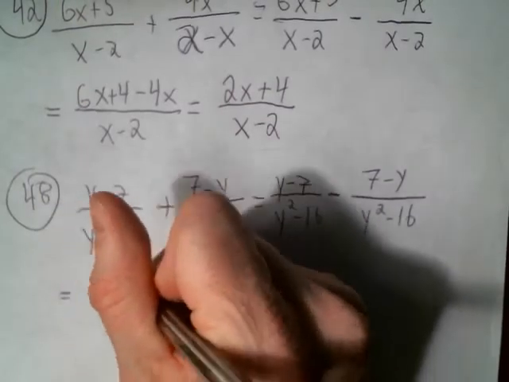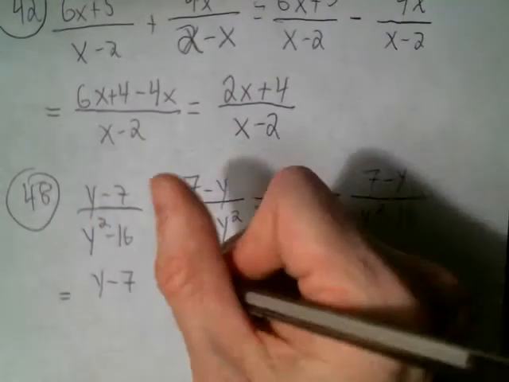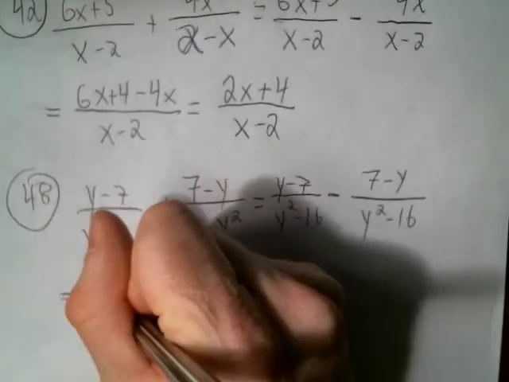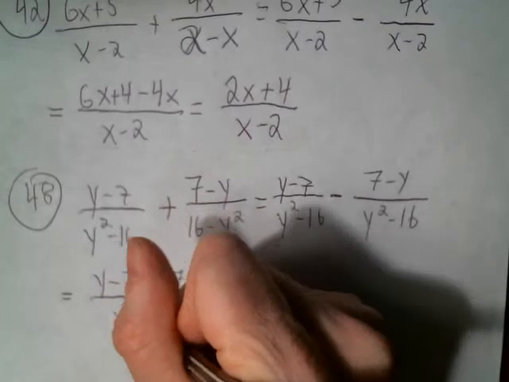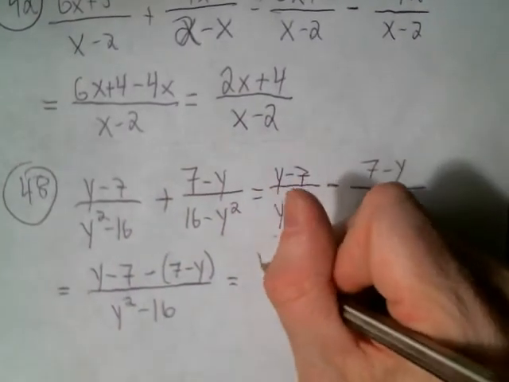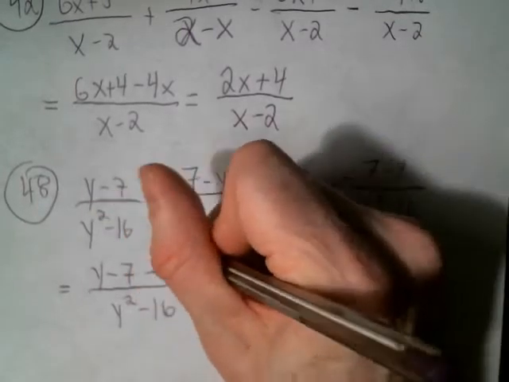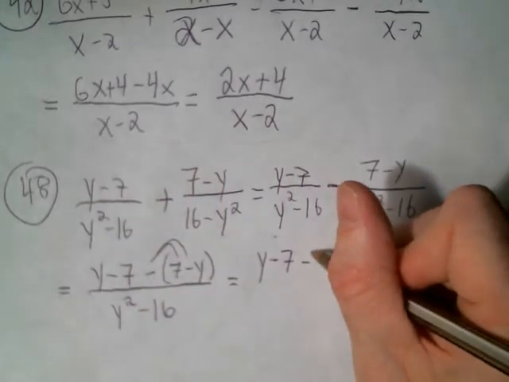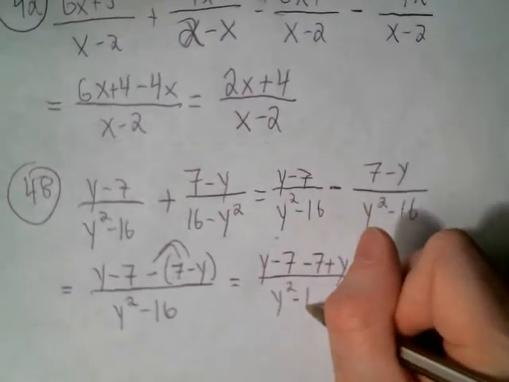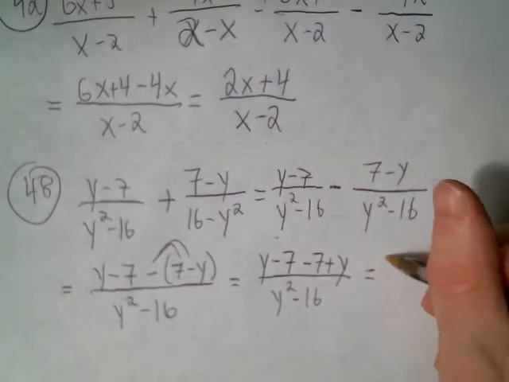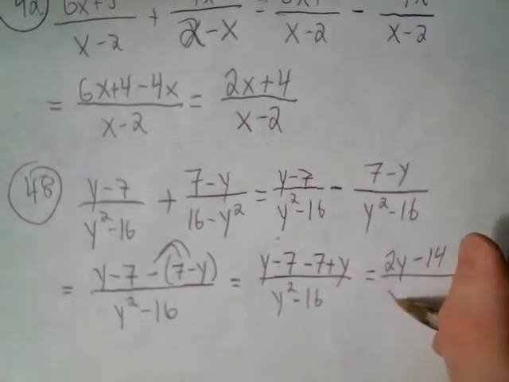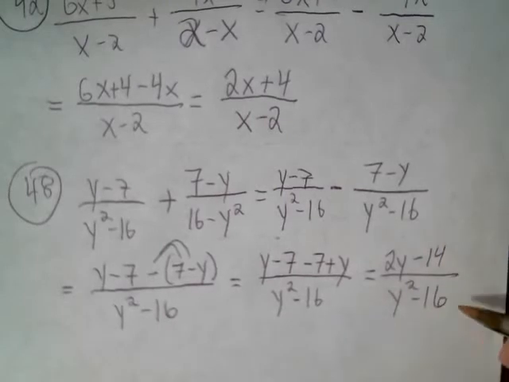Now I want to subtract the numerators over the common denominator. Distribute this negative. And I have 2y minus 14 all over y squared minus 16.